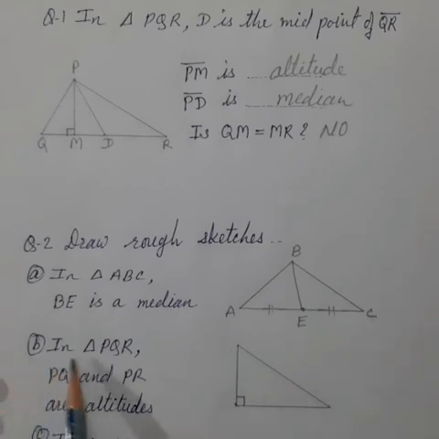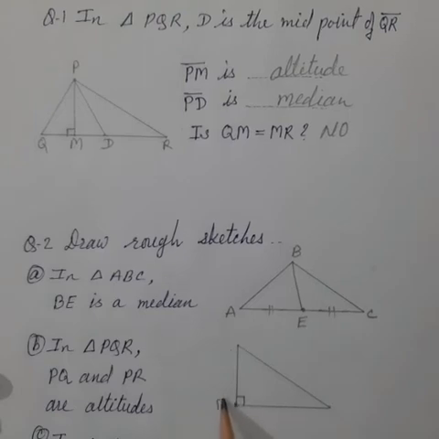B part. In triangle PQR, PQ and PR are altitudes. PQ and PR, they are the sides of this triangle. And we know that in a right angle triangle, the sides are themselves the altitudes. So we have to draw a right angle triangle. P is common in both the altitudes. So this is one altitude, this is the other altitude, and the common point is this.